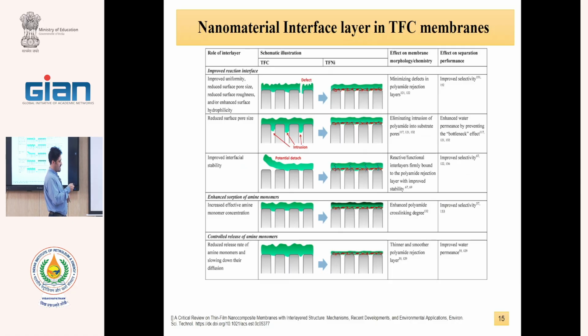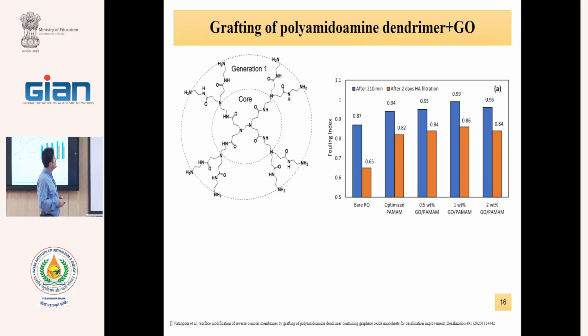This method is one method for growth of the polymeric layer. As discussed in the previous lecture, we can use the nanomaterials as an interface layer in the fabrication of TFC membrane. The use of these nanomaterials reduces the intrusion, increases stability, and causes a thin layer on the membrane surface.